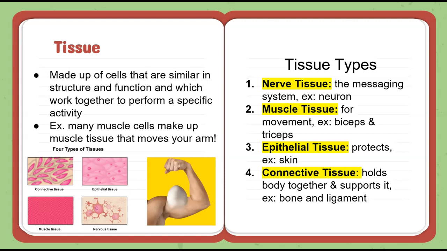These would be neurons, so they can send electrical impulses throughout your body and allow your body to communicate with itself. Muscle tissues are used for movement, such as your biceps or triceps in your arms. Epithelial tissue is used to protect, so this would be like your skin. And connective tissue is what holds the body together and supports it, which would be things like your bones and your ligaments.